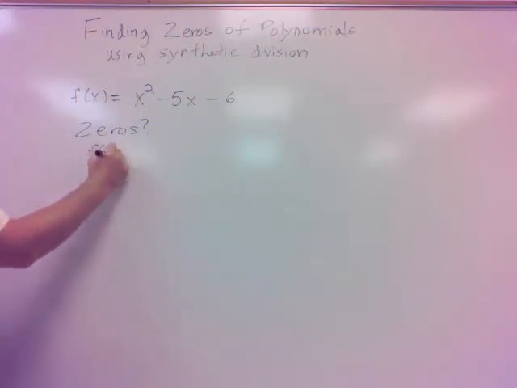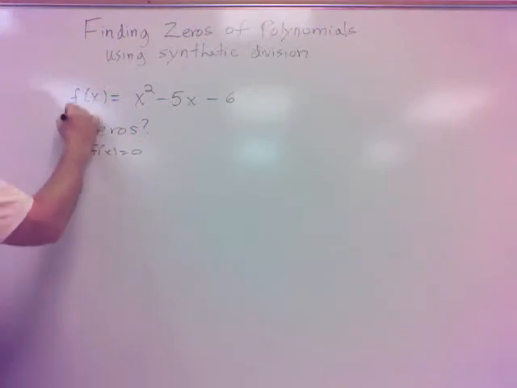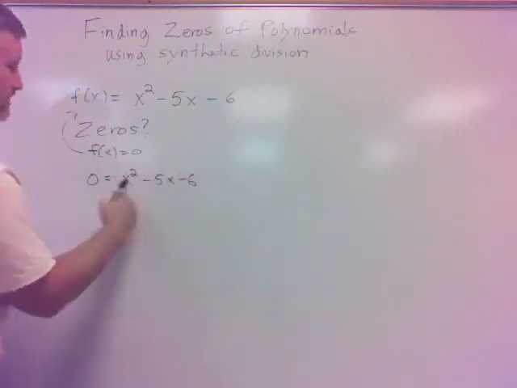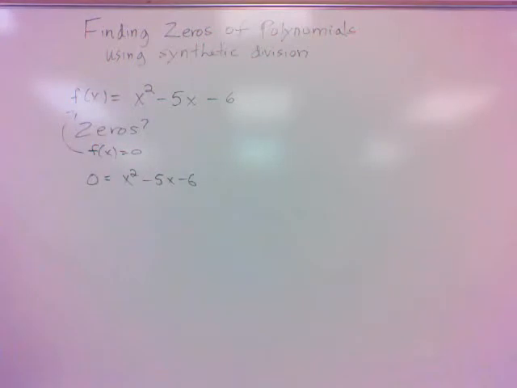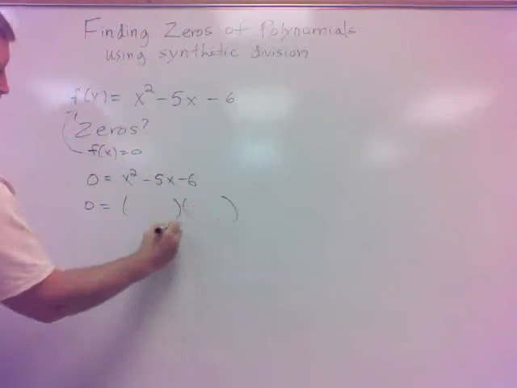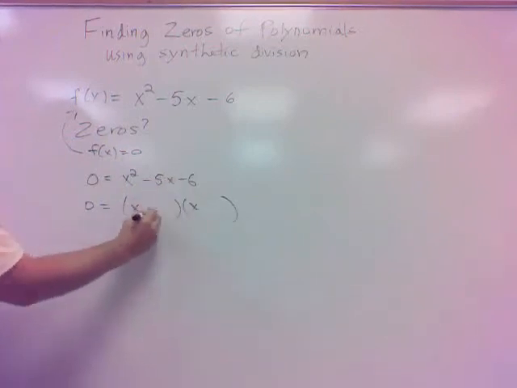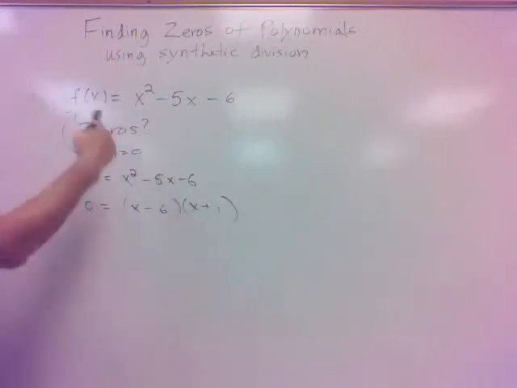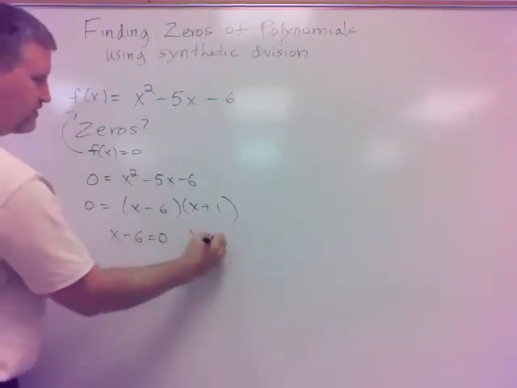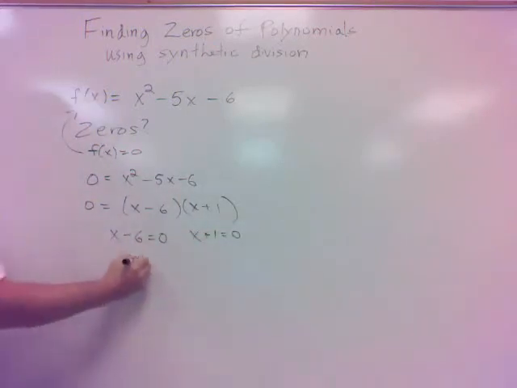And so the way we previously did it was set f of x to 0, because then we could solve this equation, factoring, whatever. We had some techniques we used. I do believe it factors, minus 6 and positive 1, using minus 5 in the middle, set the two separate factors to 0, okay, and we got it.